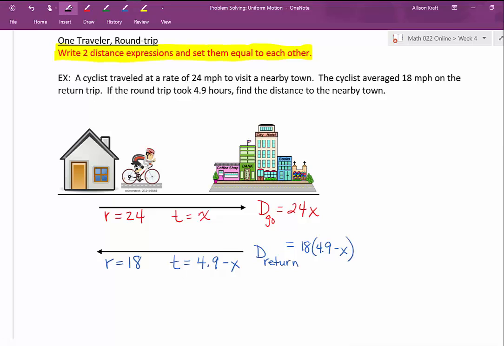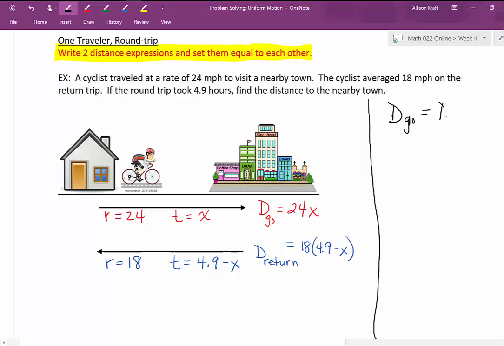To get our equation, we need to set these two equal to each other. The distance going is equal to the distance returning. So that's 24x is equal to 18 times 4.9 minus x.